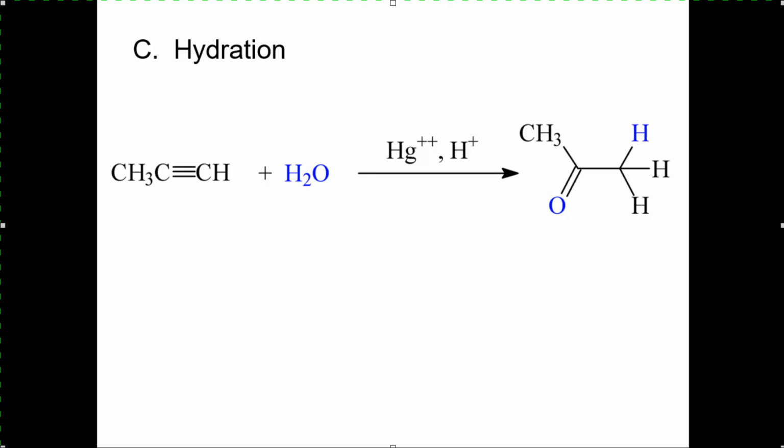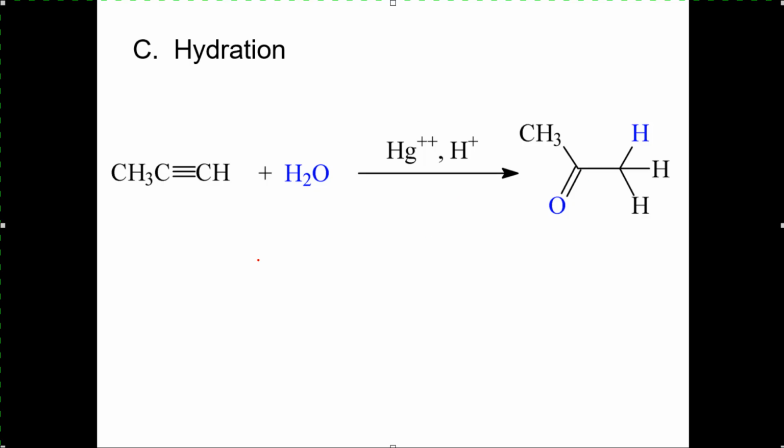The final reaction that we're going to talk about is hydration. We're going to take our terminal alkyne and add to it H plus and H2O. In this case, what we're going to end up making is a ketone. And you might say, that's not what I predicted. You're absolutely right, that's not what you predicted.